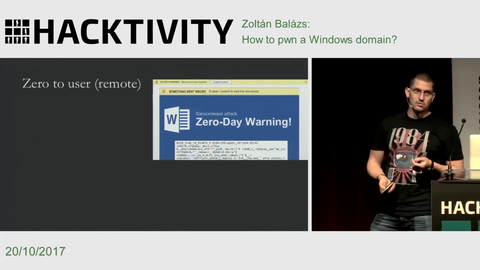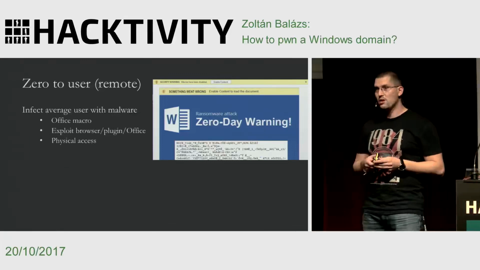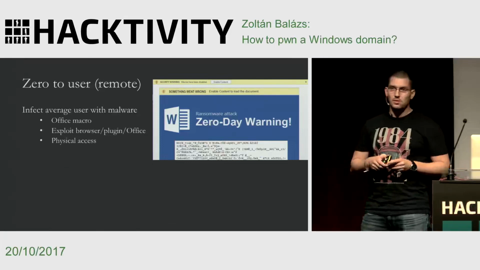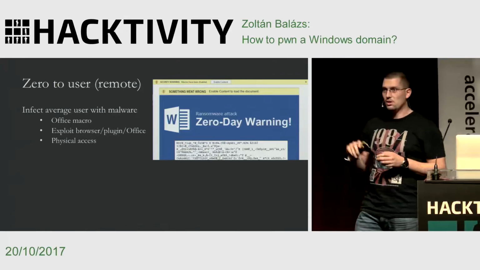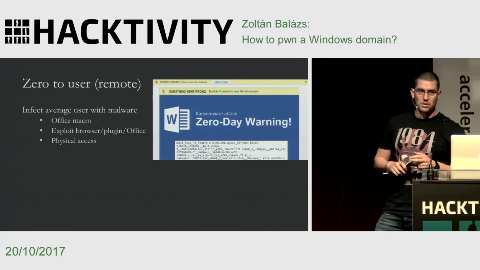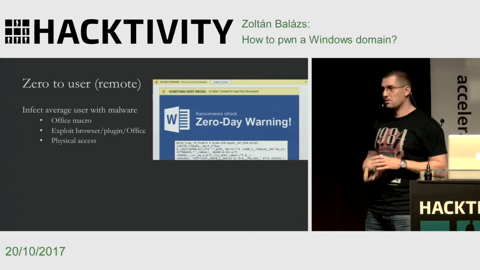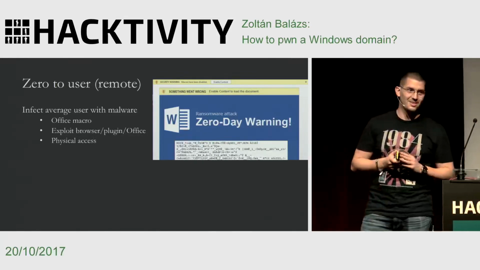One of the best ways nowadays is just to send an Office macro file to the user, let him scare with something like, oh, there is a zero-day warning because ransomware will attack you. To read more information, click enable macros, right? You wouldn't do that, right?